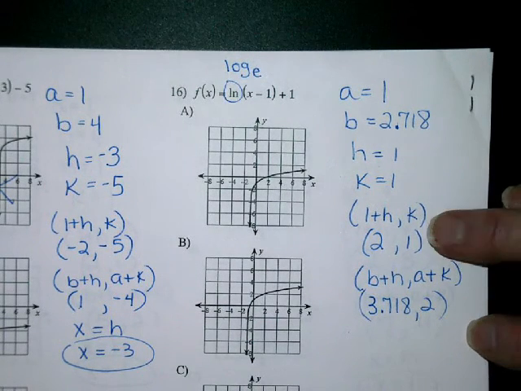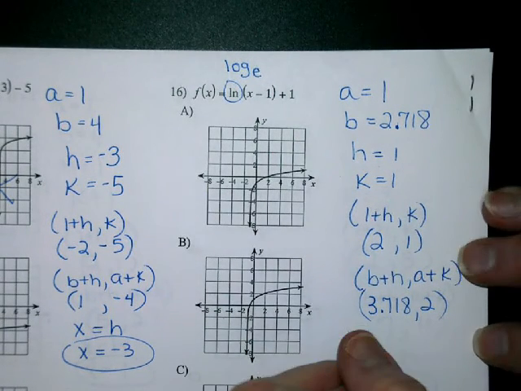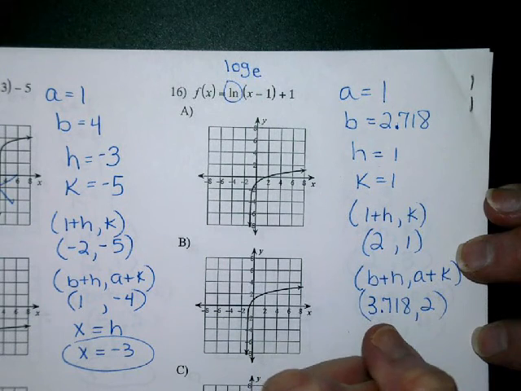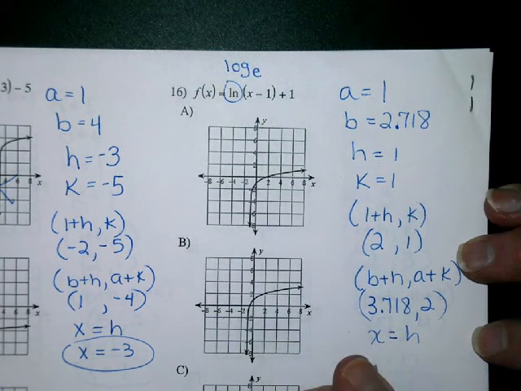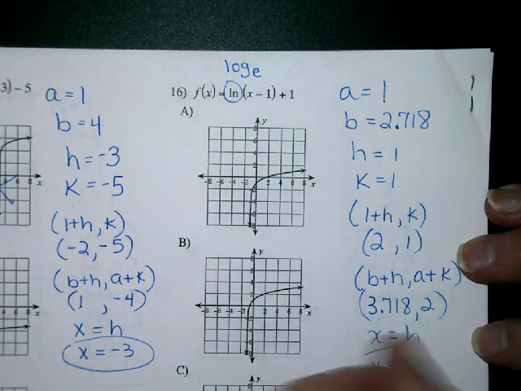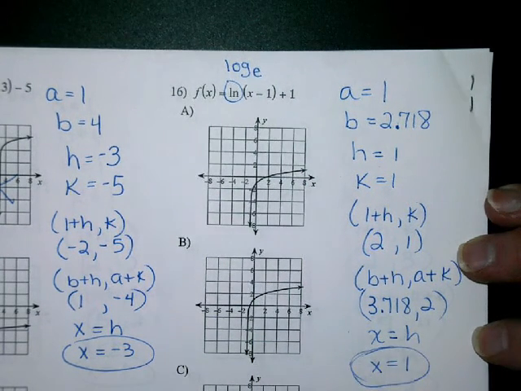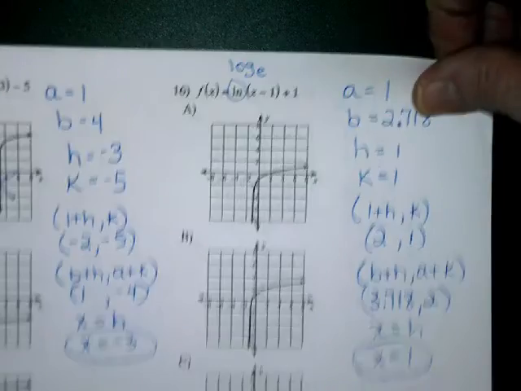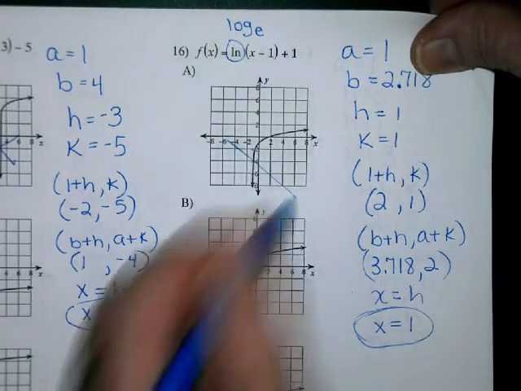So at about 3¾ on that for this point. Hopefully this one's good enough. Will get us what we want, so it doesn't make us crazy. X equals H, which means X equals 1.